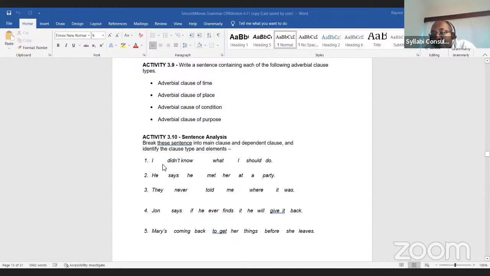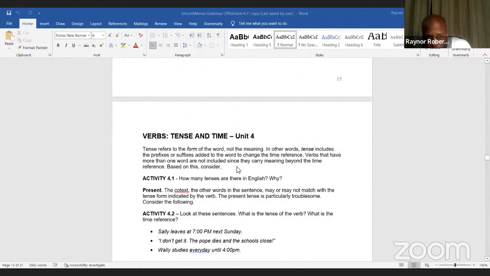So just to recap, the dependent clause is the one that can't exist without the main clause, basically. I didn't know. So I didn't know is the main clause. What I should do is the dependent clause.